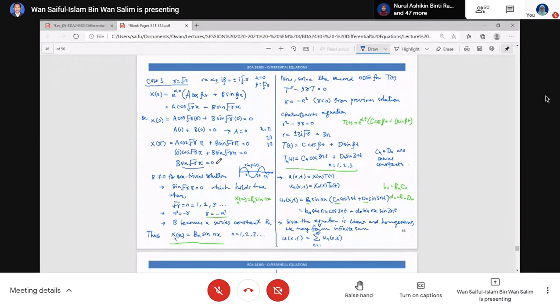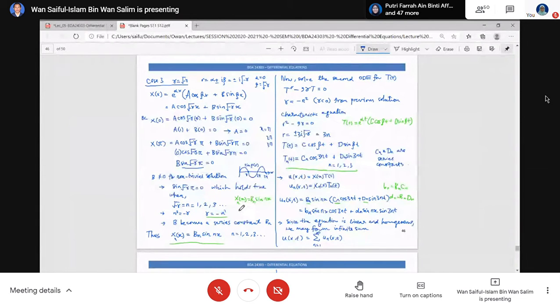Okay, so we can substitute this with n, right? So our gamma becomes minus n squared from this relationship. We now find our gamma to be minus n squared, where n is a series of integers. Integer, right? Okay.